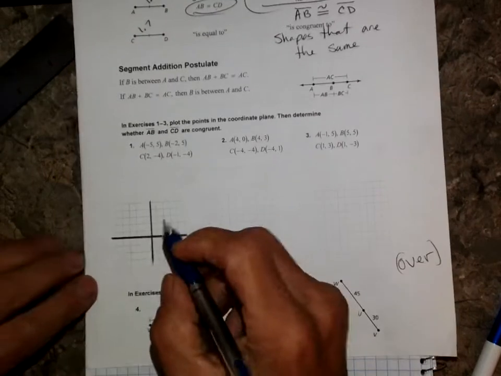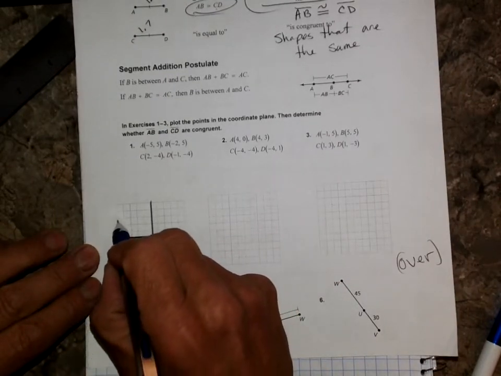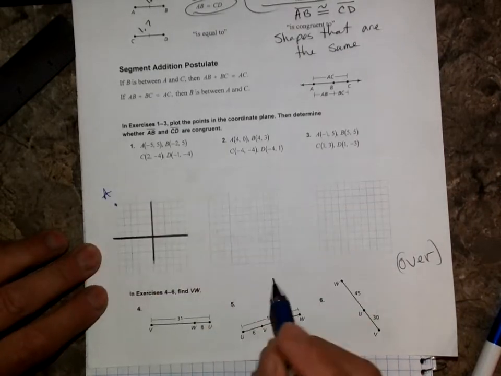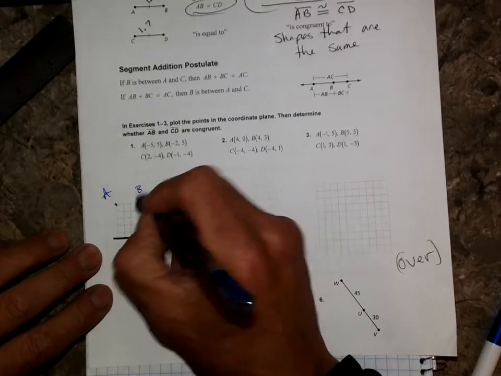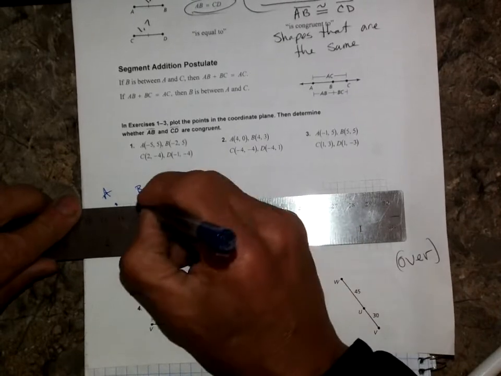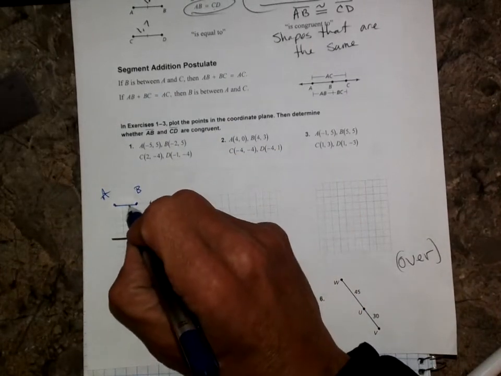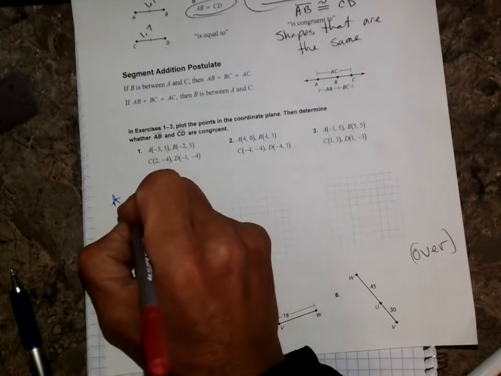So -5, 1, 2, 3, 4, 5, and 1, 2, 3, 4, 5. There's A, right? -2 and 5. There's B. There's my line segment AB. And what I can do real easily is count how long it is. 1, 2, 3. So the length of AB is 3.